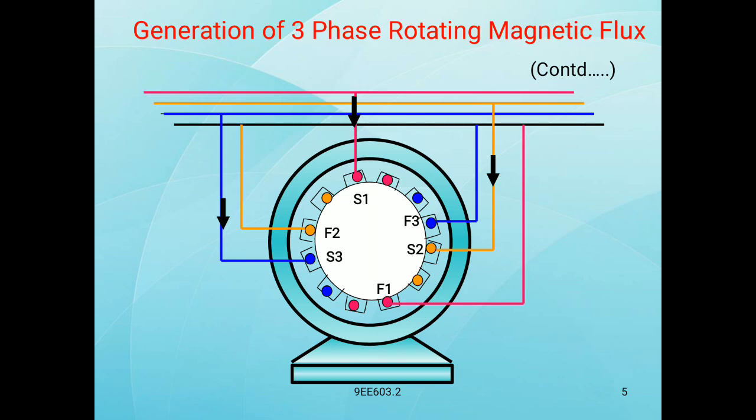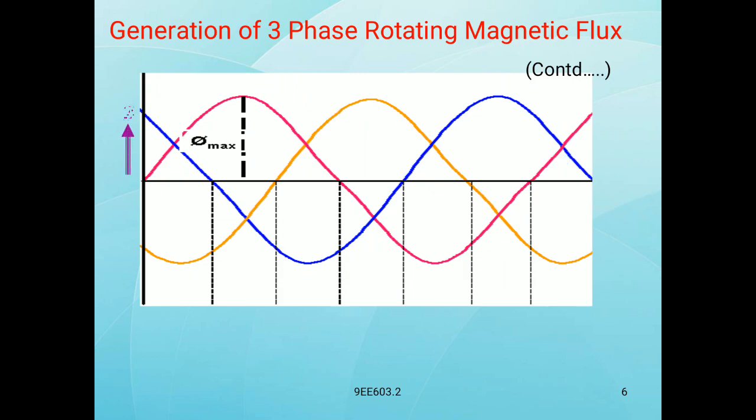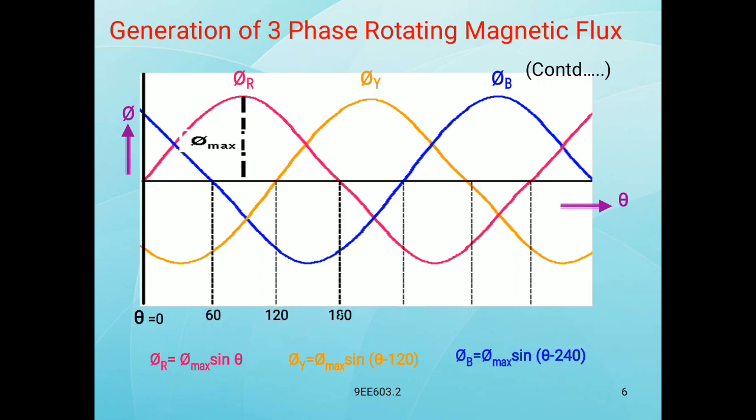Now this shows the generation of three phase rotating magnetic flux. Here the flux phi R is in red color, phi Y is in yellow color and phi B is in blue color.